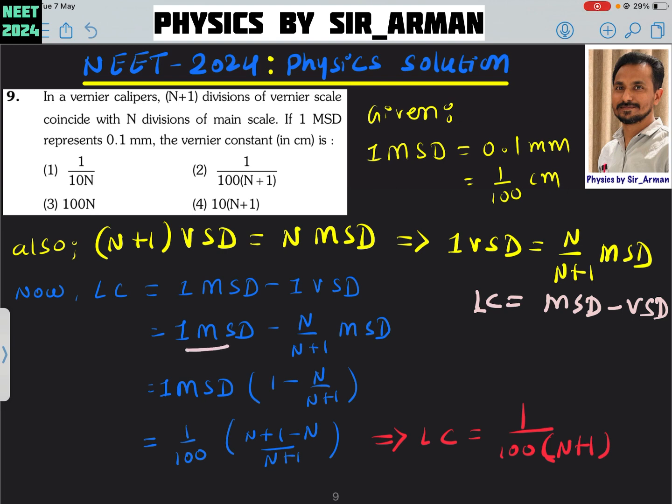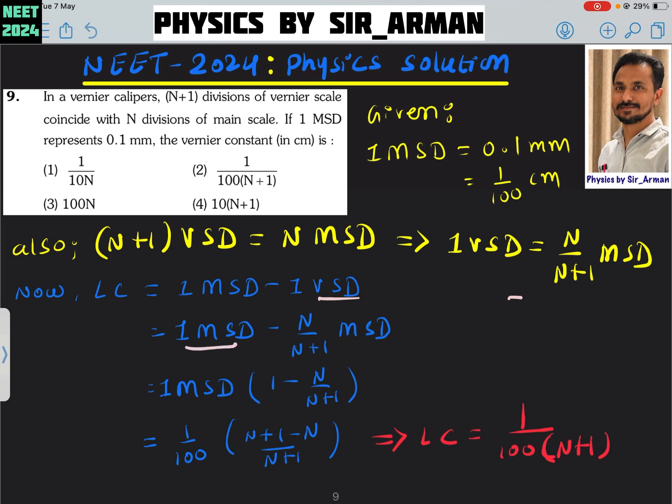What is the value of the vernier scale division in terms of MSD, not Mahendra Singh Dhoni, it is main scale division. So 1 VSD is equal to n by n+1 MSD. This is a very easy question, right?